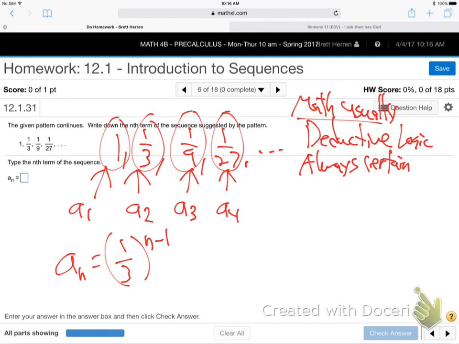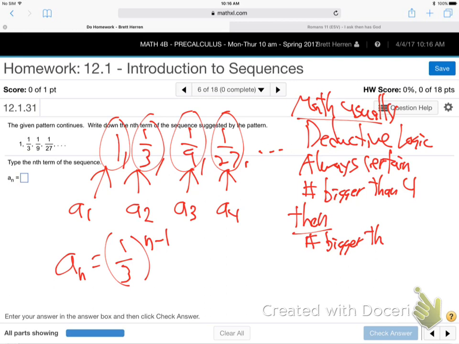For example, if I said, hey, I'm thinking of a number in my head, and it's bigger than 4, then, logically, your number must be bigger than 3 also. That's true. There's no way that could not be true, right? If you're thinking of a number bigger than 4, then you're also thinking of a number bigger than 3.